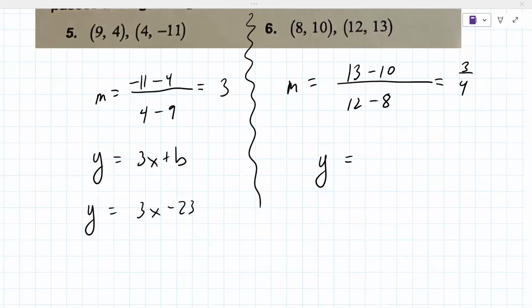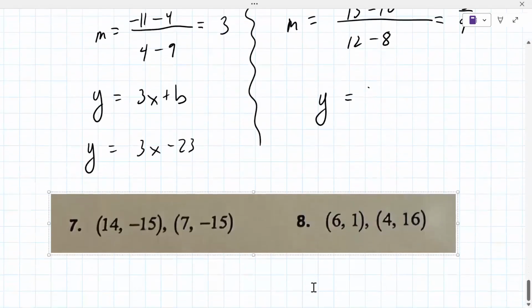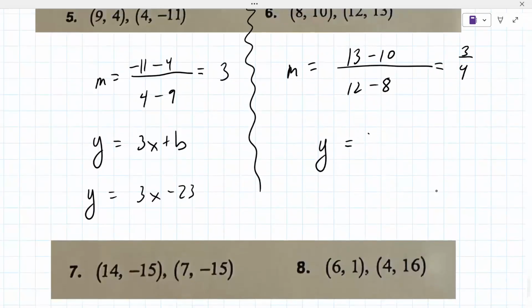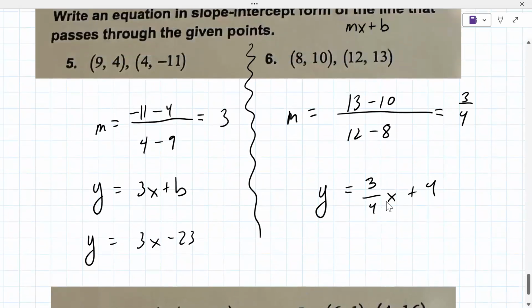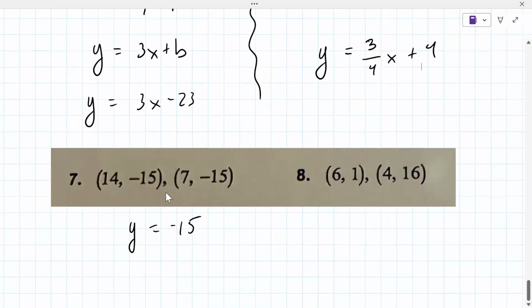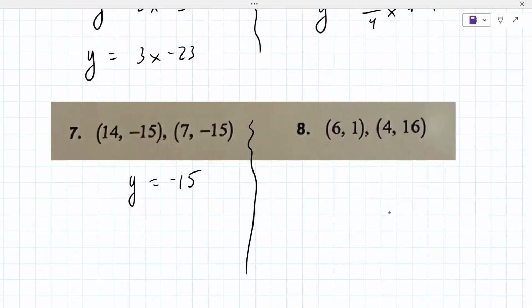For 6, I got y equals, the slope is 3/4 and the y-intercept is 4. So then it'd be y equals 3/4 x plus 4. Okay, that does work. Good. And then I agree with number 7. Whenever you're ready, you can move on to 8.